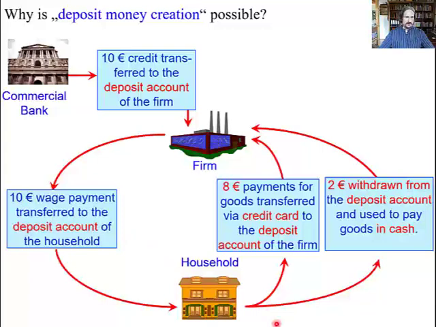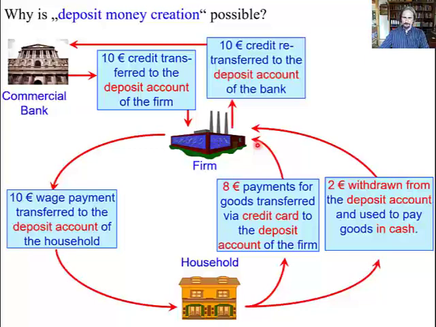Now, finally, the firm has received a total of €10 back and can return the credit received from the commercial bank. This reveals that the commercial bank needs to possess only these €2 in cash to grant a credit equal to €10.